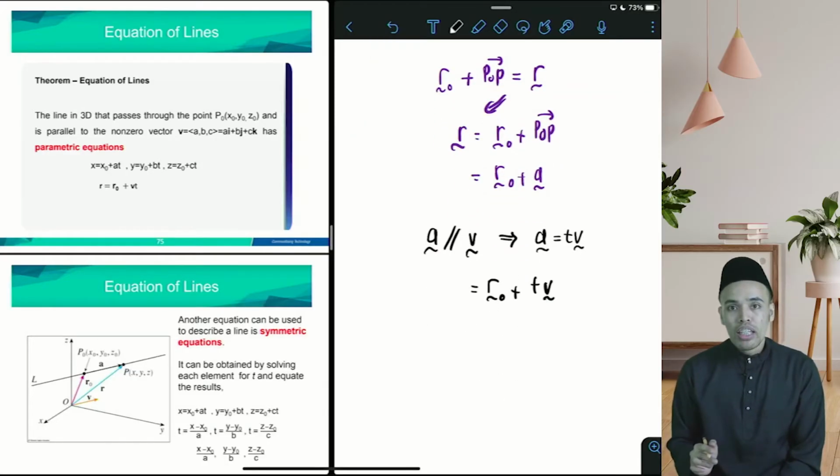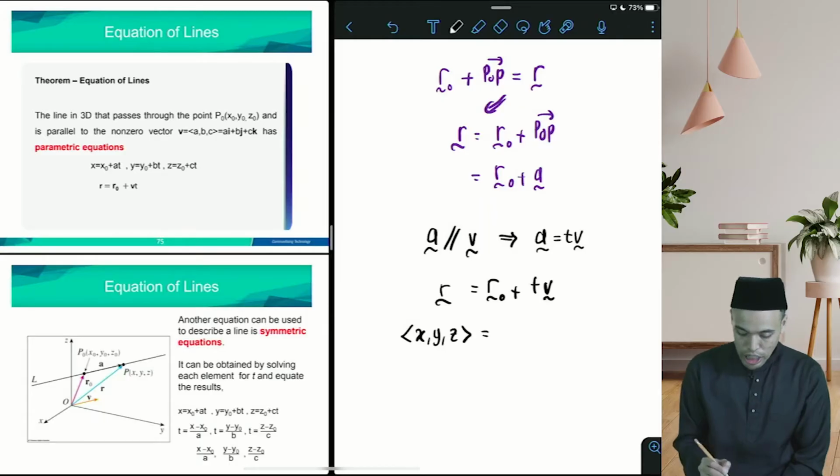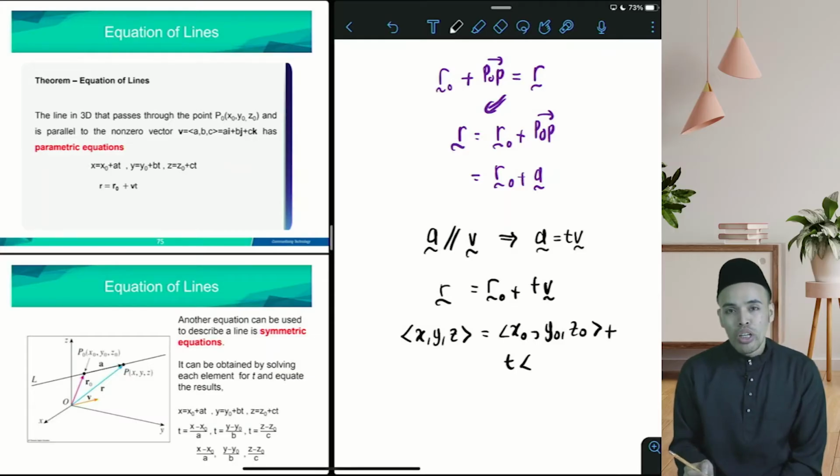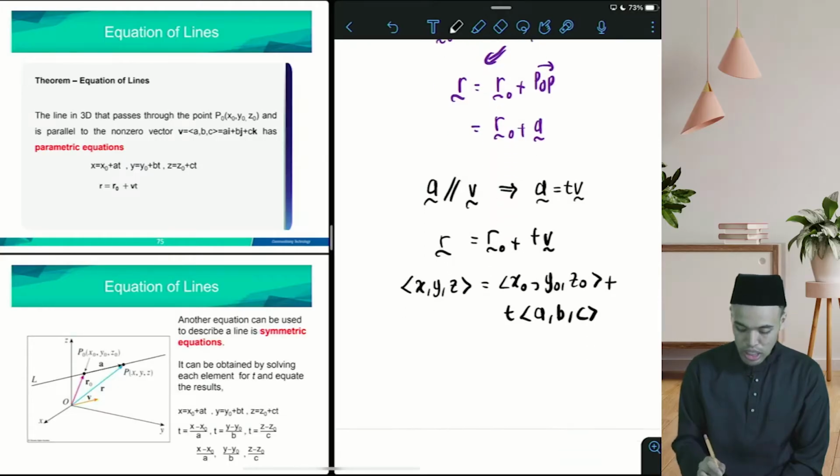By expanding and writing it according to the components, vector R is represented by the elements x, y, and z, and is equal to x0, y0, z0 plus t, where the components of vector V are given as a, b, and c.